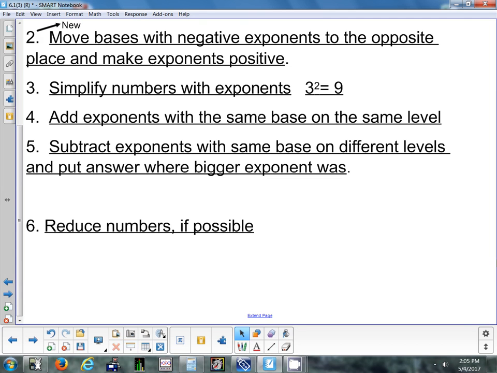If neither of those works, then you can't reduce the big numbers. Remember, we're only reducing the whole numbers, not the exponents. We're going to reduce those by doing the other steps. Here, I'm looking at big numbers only.